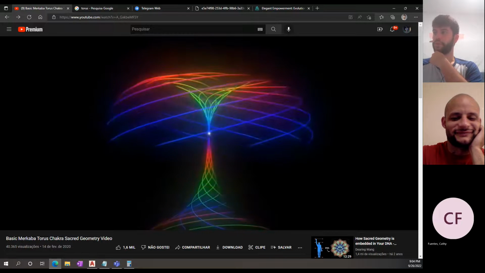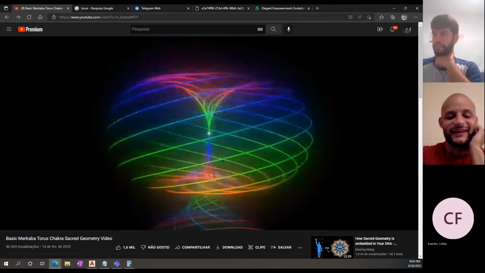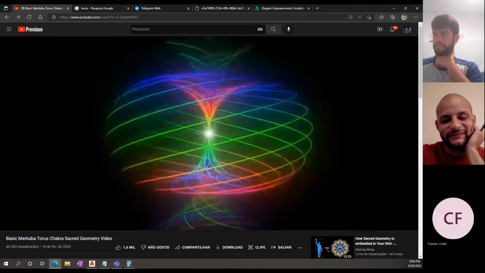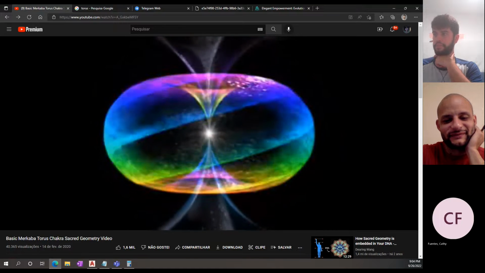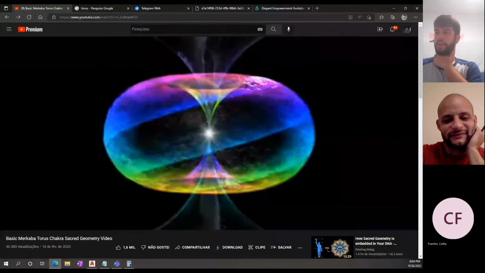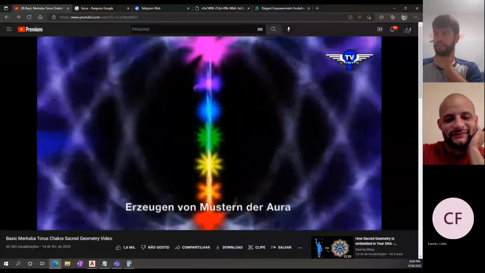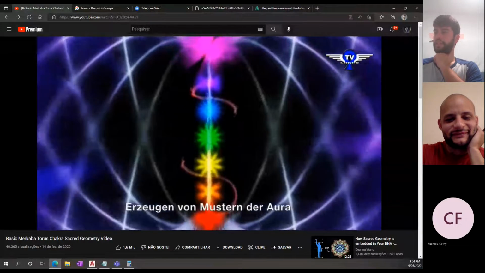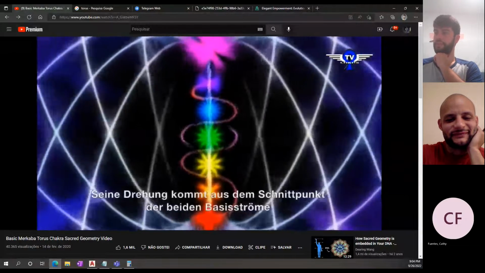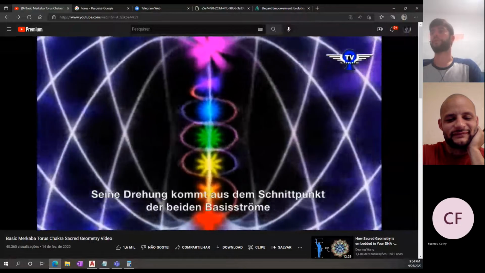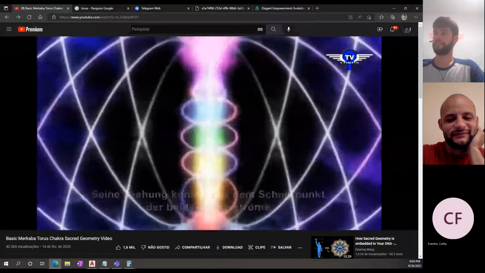And this one also helps visualizing the torus. Yeah, that's amazing. That's how Earth's magnetic field looks. And some authors will also describe our energetic fields like that.